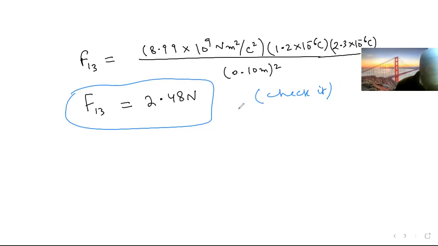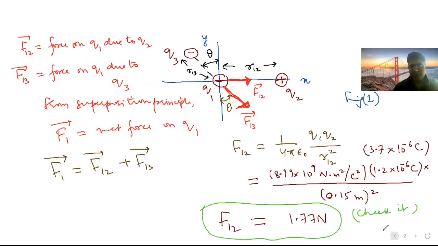Now, you know this property of vectors. F1 is the vector sum of F12 and F13. Therefore, if F1x represents the x component of F1, it will be the sum of the x components of F12 and F13.